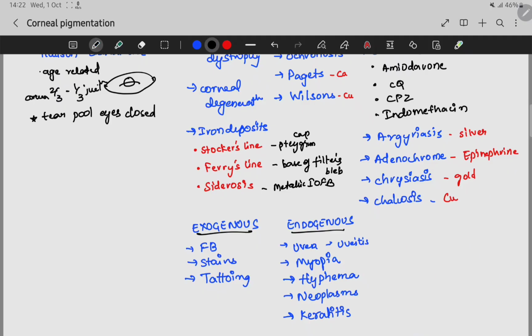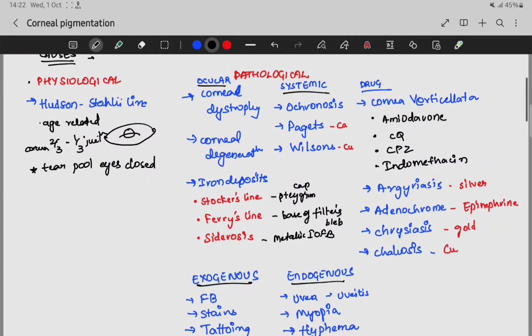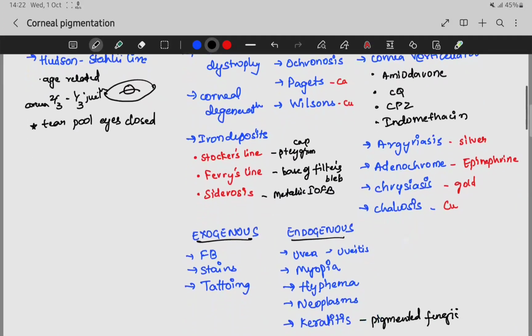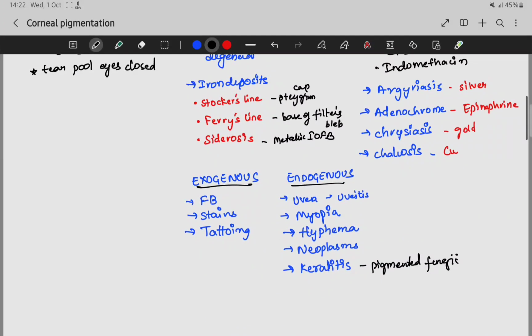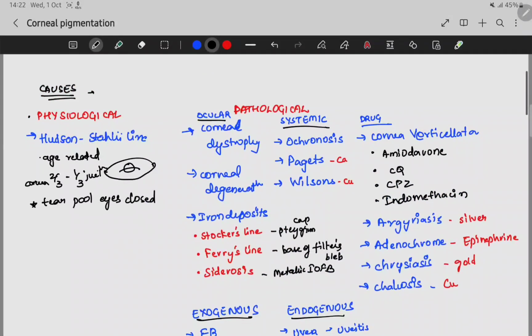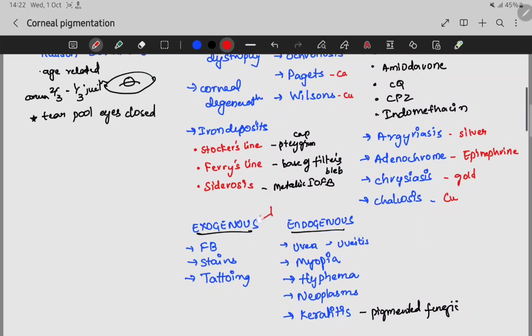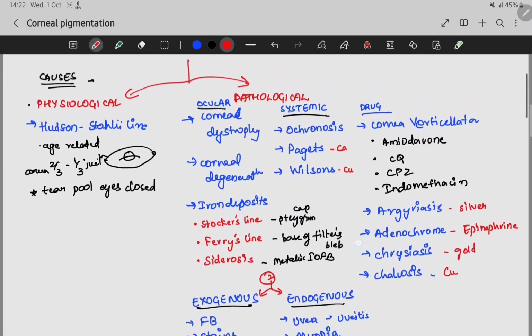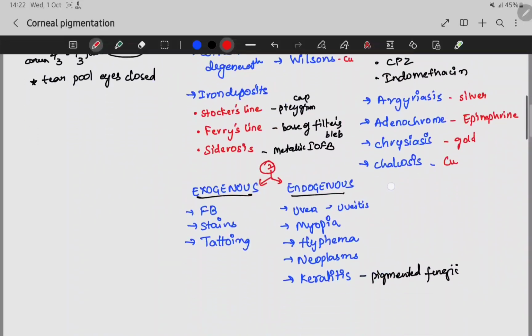So there are some pigment producing fungi. So these pigment producing fungi cause pigmentation of the cornea. Okay. So this is one classification, that is exogenous and endogenous. So one classification was physiological and pathological, and one is exogenous, endogenous.